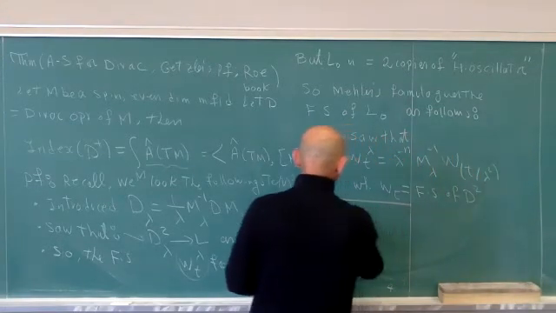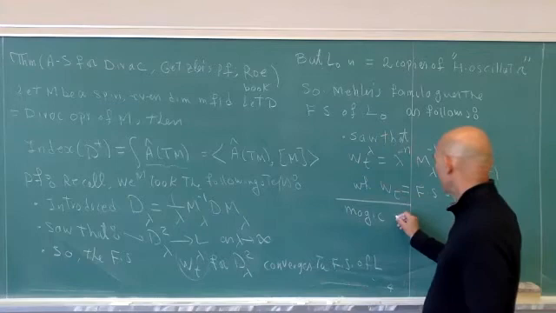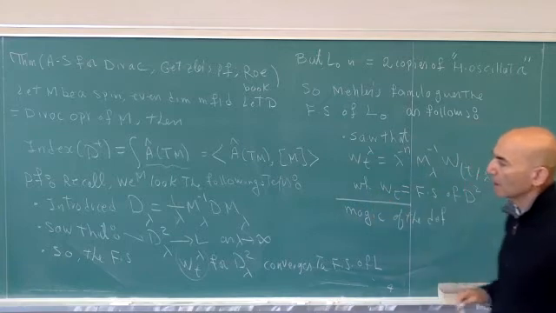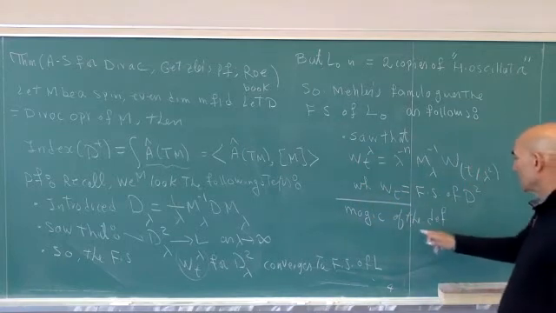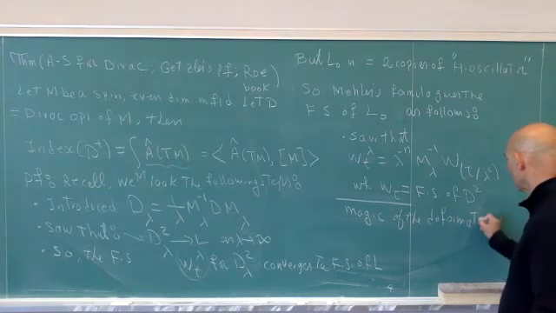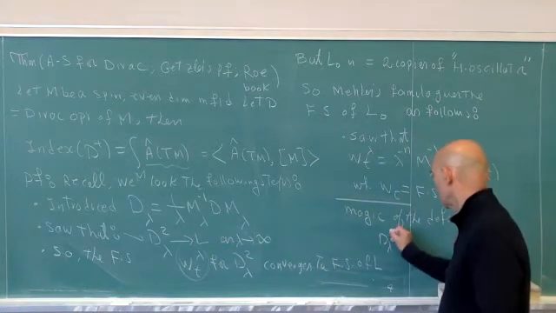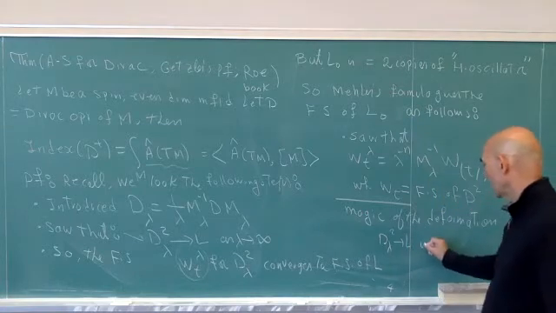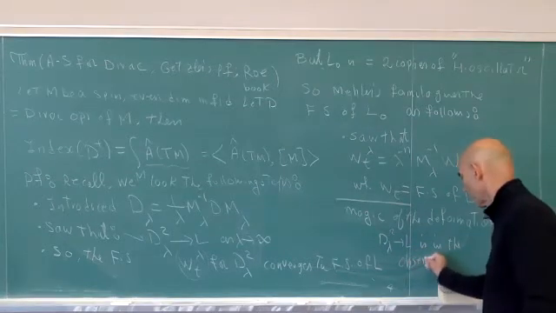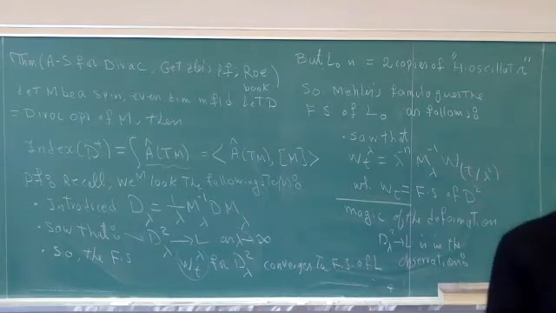The magic of this Getzler deformation appears now. There are several magical things, but really the main thing is this last step of the deformation. I mean, D lambda squared going to L is the observation. So what is this observation I'm talking about?